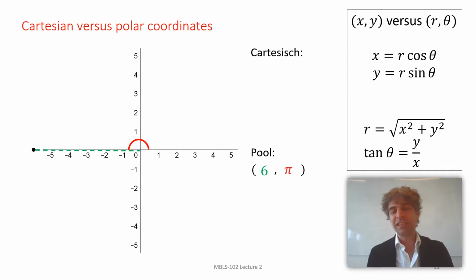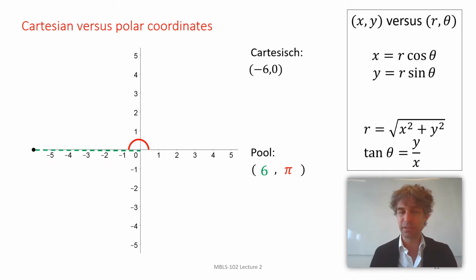In this last little example, I want to show just one more thing. If the polar coordinates are 6, pi, that means that we're simply on the x-axis. So the Cartesian coordinates will be -6, 0. It's good to just mention that the first coordinate is always going to be 0 or positive.